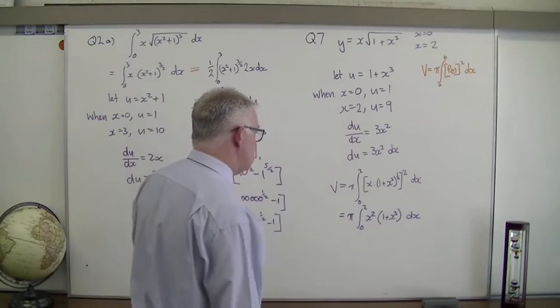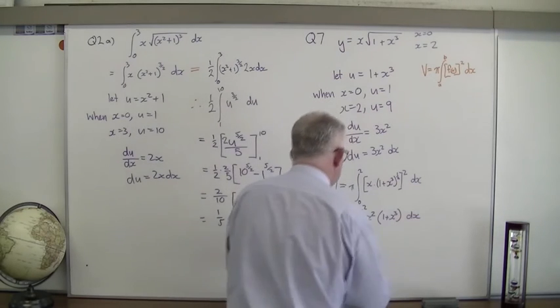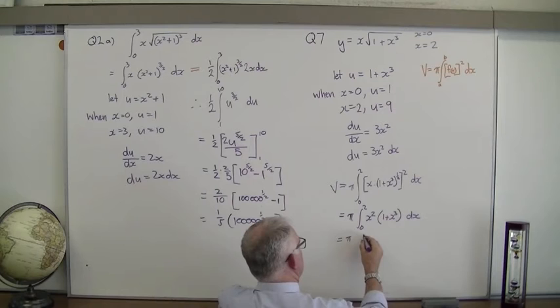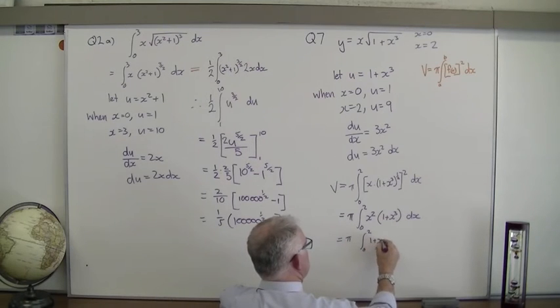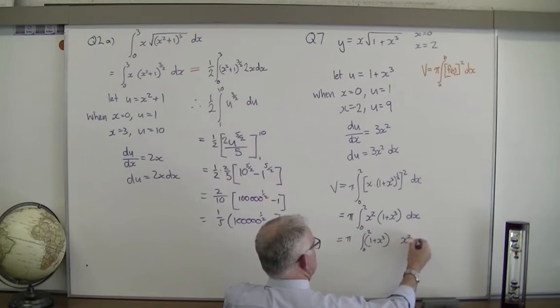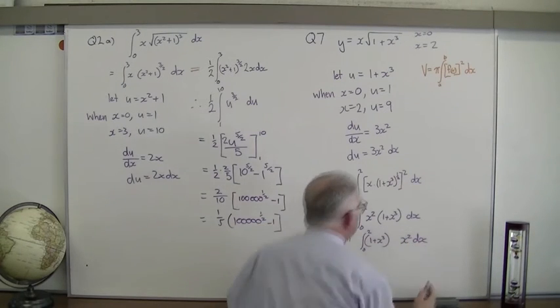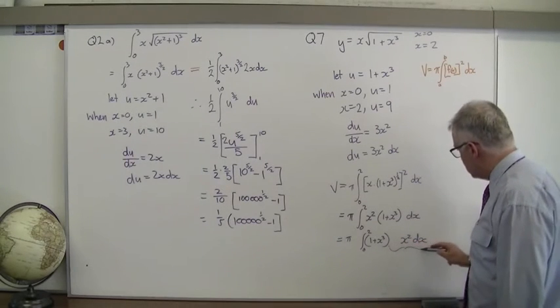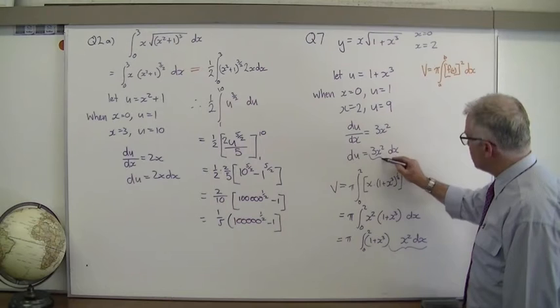I'm going to rearrange this: pi, from 0 to 2 of 1 plus x cubed, x squared dx.